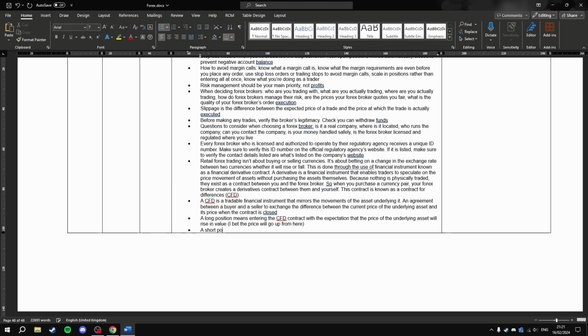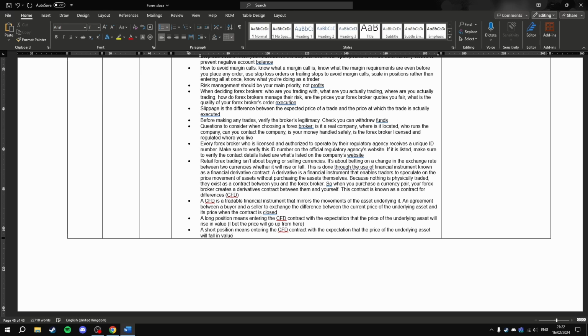A short position means entering the CFD contract with the expectation that the price of the underlying asset will fall in value. I bet the price will go down from here.